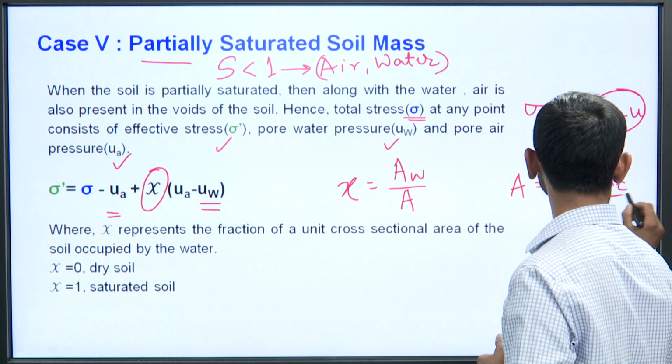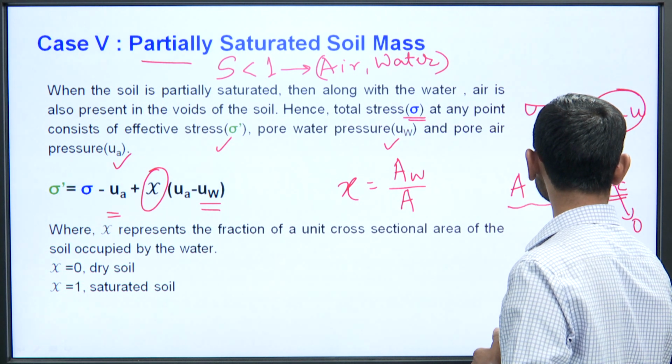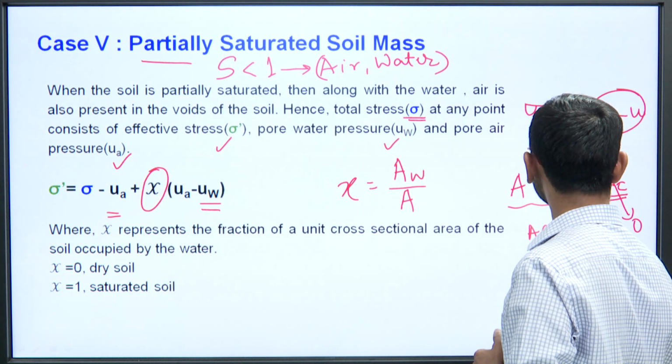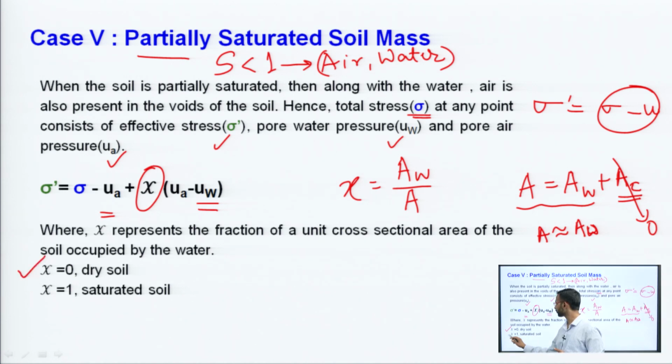The area of contact was very much less, so we tend to take it as 0 and this A was almost equal to AW. What happens when chi is equal to 0, that is a dry soil, and when chi is equal to 1, it is a saturated soil mass. So this is the important thing: when we are considering this partially saturated soil mass, we have to take into consideration the pore air pressure also along with the pore water pressure.